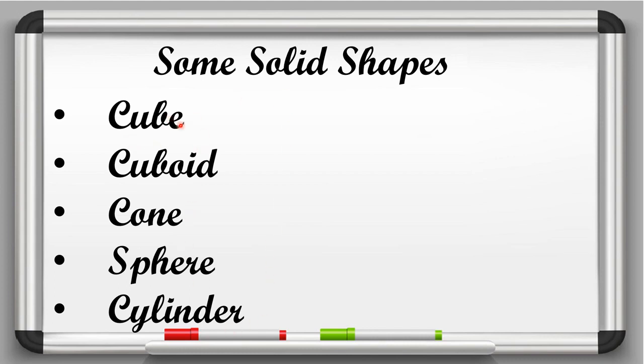Cube, C-U-B-E, cube. C-U-B-O-I-D, cuboid. C-O-N-E, cone. S-P-H-E-R-E, sphere. C-Y-L-I-N-D-E-R, cylinder. Okay, beta? So in this lecture, we will learn about cube. So let's start.